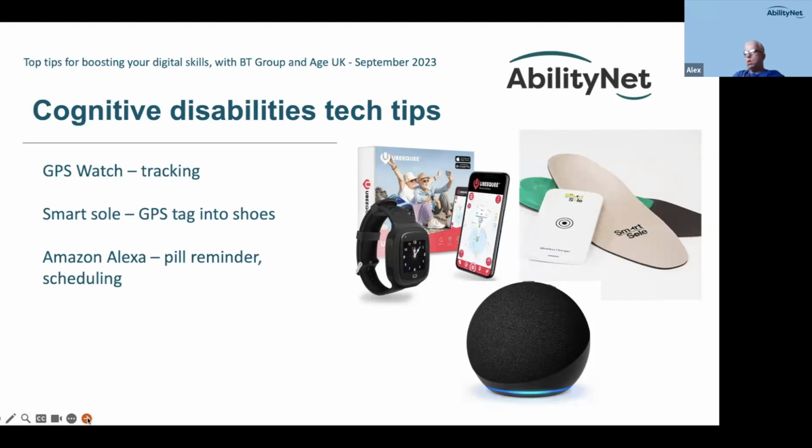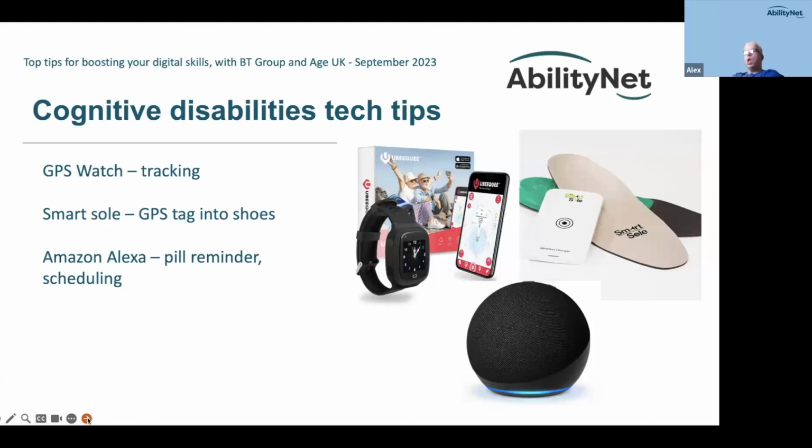You can also use your smartphone to see where your loved one is, but of course that requires your loved one to take their phone with them when they go out, and sometimes that's not going to happen.